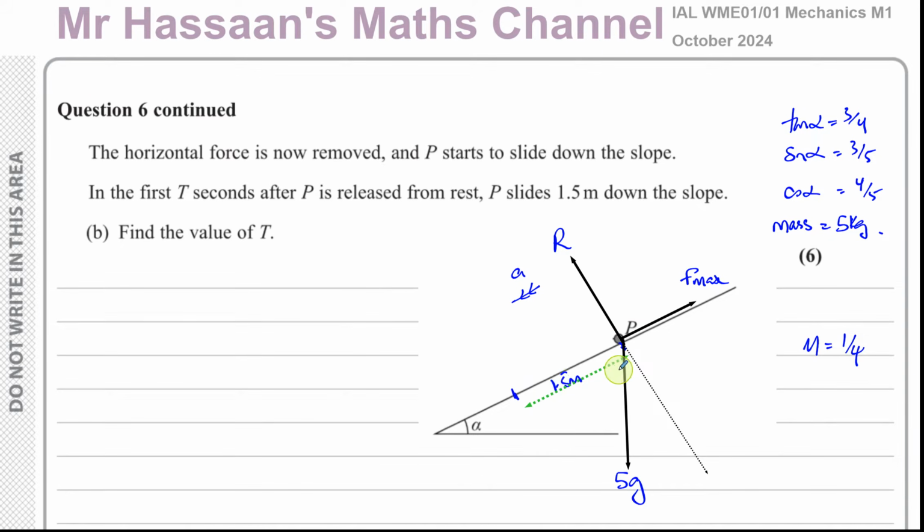As we know, this angle is alpha from similarity, as we discussed in a few videos already.